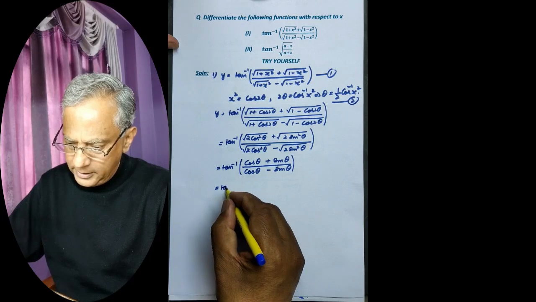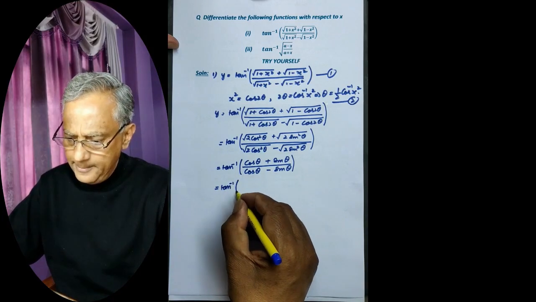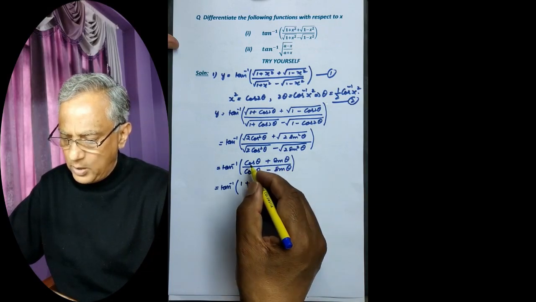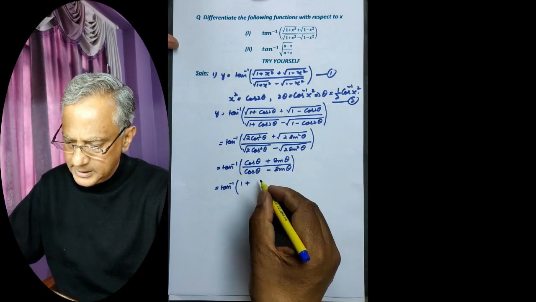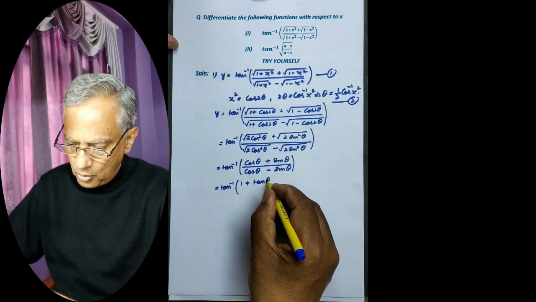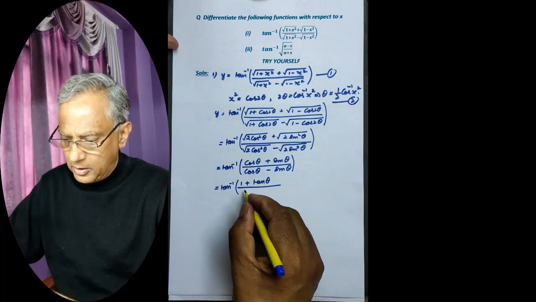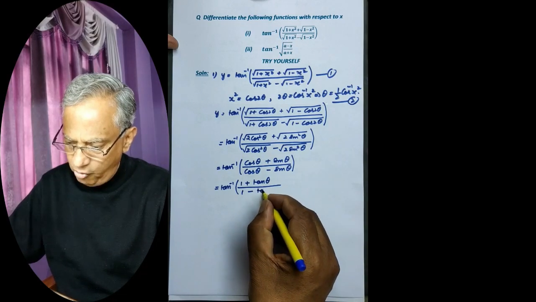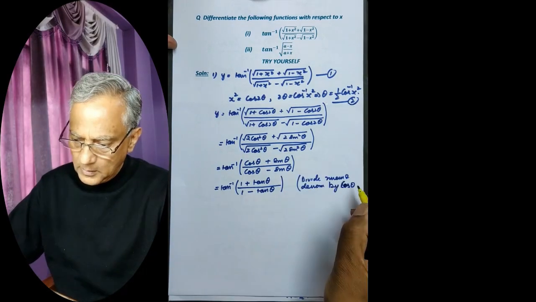So what we do is, we divide the numerator and denominator by cos theta. So what we get is 1 plus sin theta over cos theta is tangent theta, whole divided by 1 minus sin theta over cos theta, which is tangent of theta.